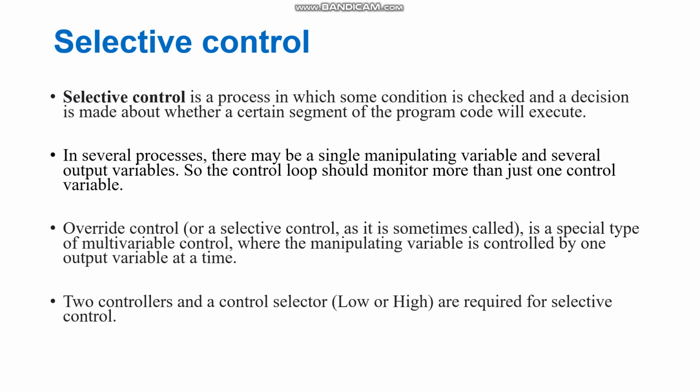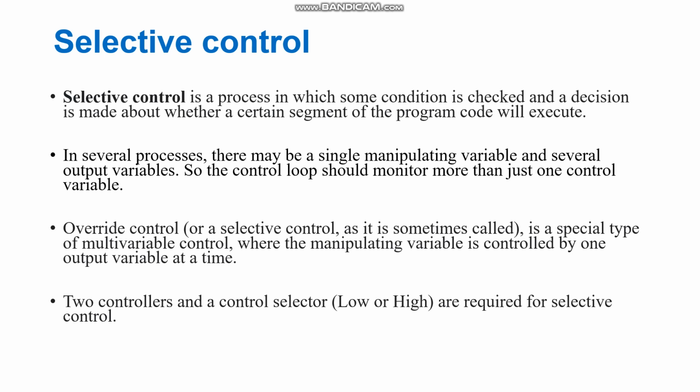So, if the process contains one manipulated variable and that process has several output variables, in that case we need to select one controller, and one manipulated variable controls one output variable at a time.